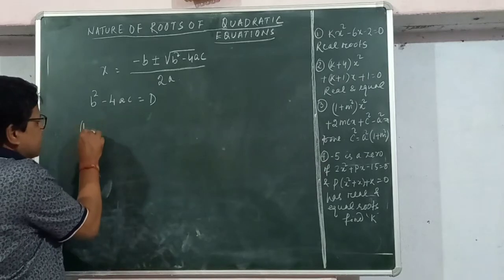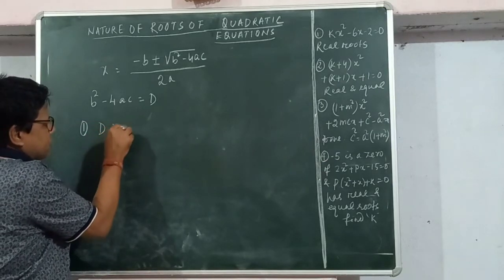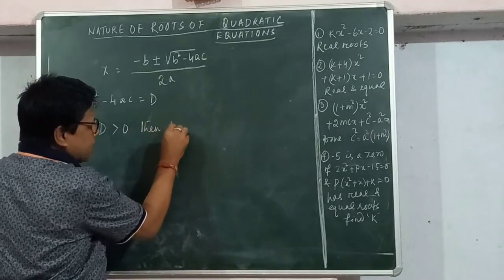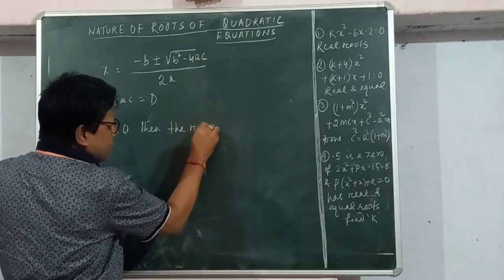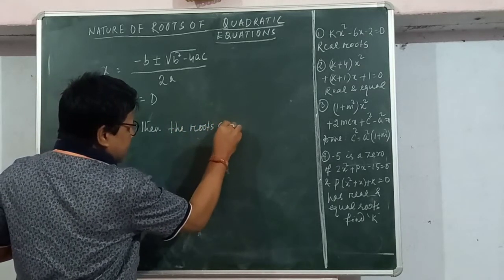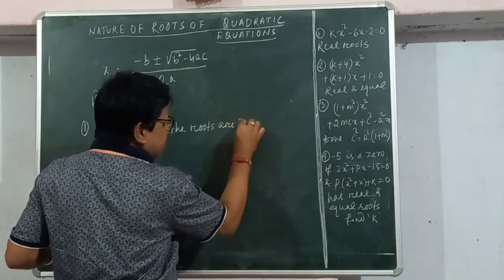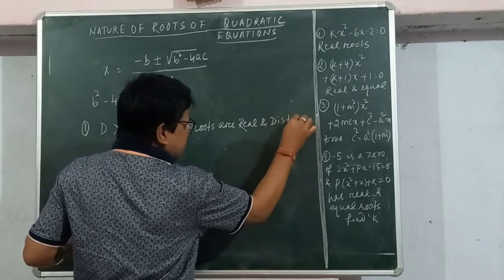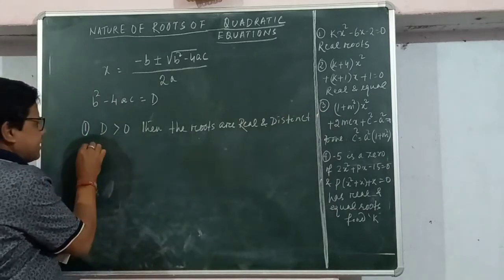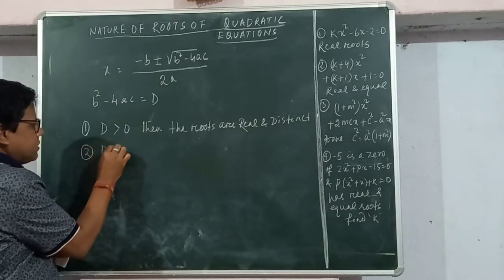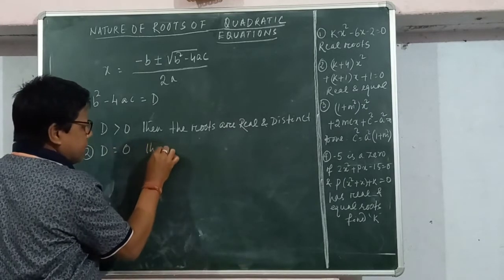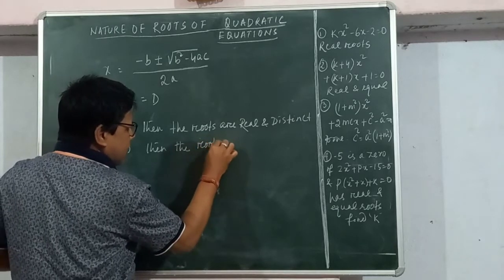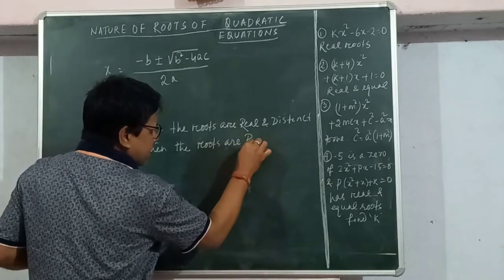First, if D is greater than 0, meaning D is positive, then the roots are real and distinct. Second, if D is equal to 0, then the roots are real and equal.